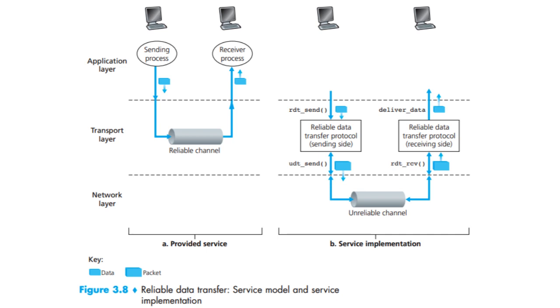The first step in developing any protocol is the choice of a good name. On the receiving side, rdt_rcv will be called when a packet arrives from the receiving side of the channel. When the rdt protocol wants to deliver data to the upper layer, it will do so by calling deliver_data.